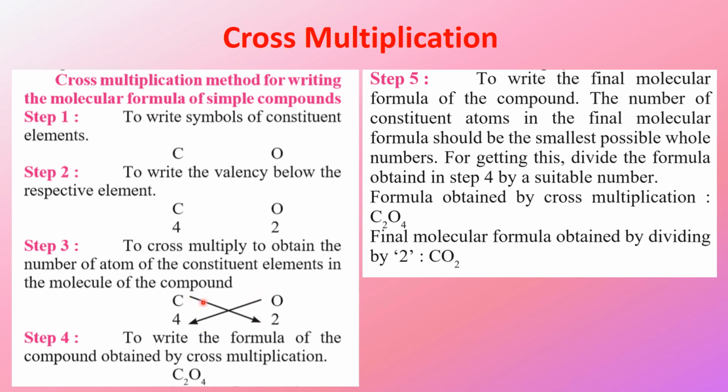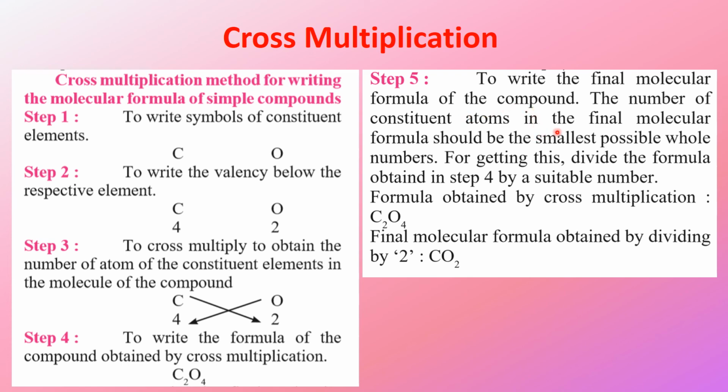The valency of C is written for O, and the valency of O is written for C. Next, step 4, to write the formula of the compound obtained by cross multiplication. When we do the cross multiplication of valencies, which formula will we get? C2O4.